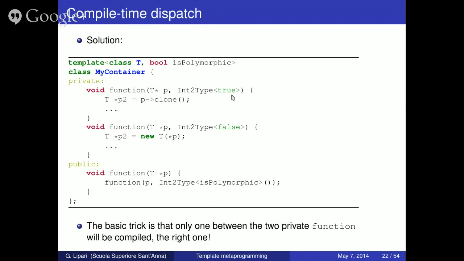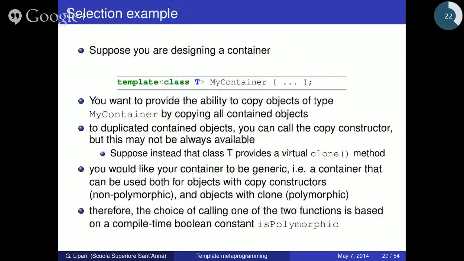Very strange object. And the second function takes an int2type false. Now, these two are two different types. The first one is a type which contains nothing. It's a simple data structure. I will just show you the definition.